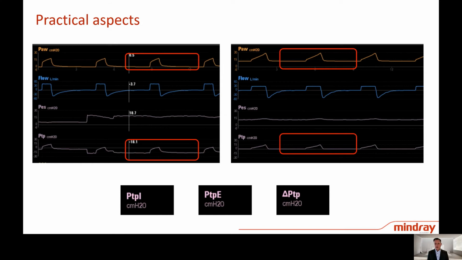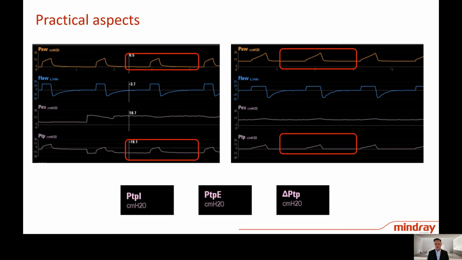The end inspiratory transpulmonary pressure resulting from these settings did not exceed 13 centimeters of water. And also the delta pressure, the transpulmonary driving pressure, did not exceed 13 centimeters of water and could be considered uninjurious.